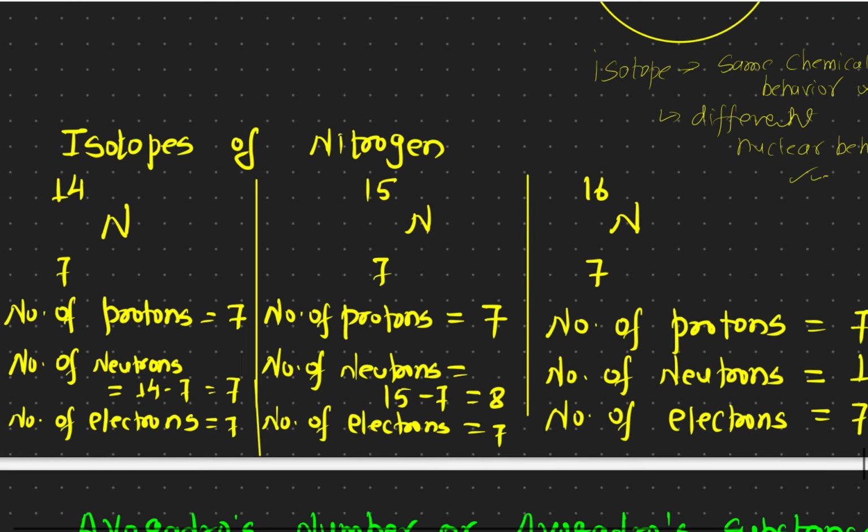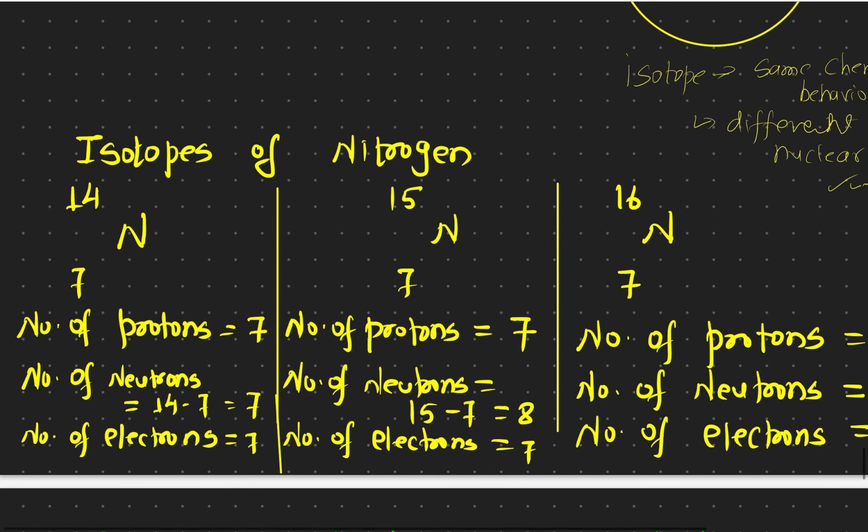Another example here, nitrogen. If I look at nitrogen, this isotope has 7 protons, and the number of neutrons will be 14 minus 7, that is 7, and the number of electrons is exactly the same as the number of protons, so it will be 7.